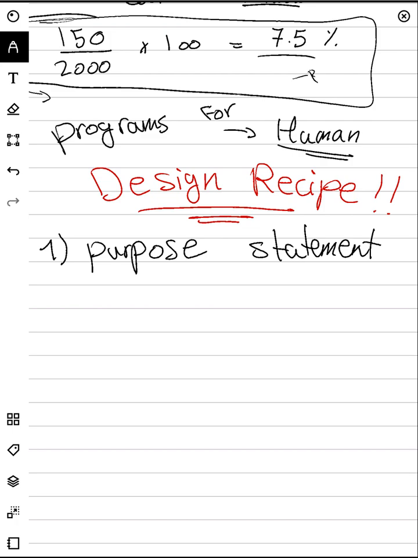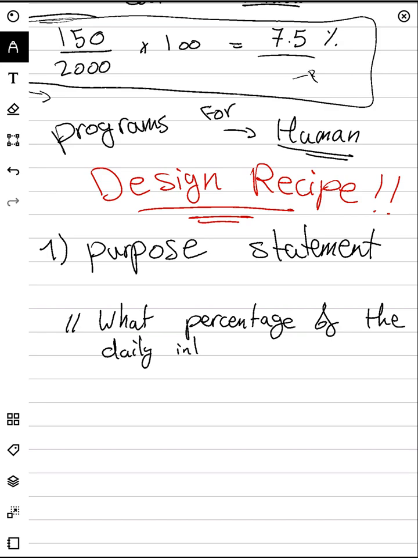So, for example, for our method here, our purpose statement might be: what percentage of the daily intake does this Food represent? Remember, classes are with capitals, so we always have a capital Food.